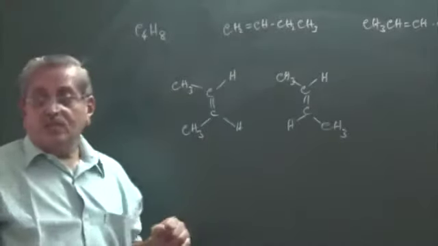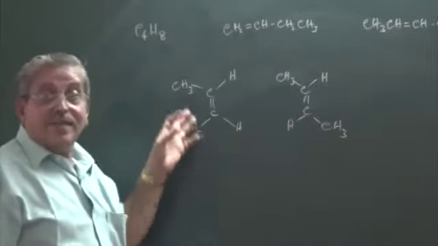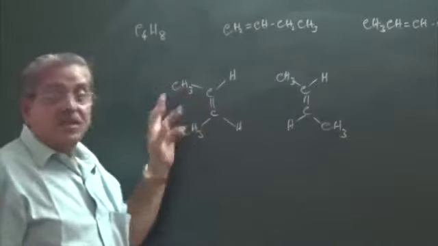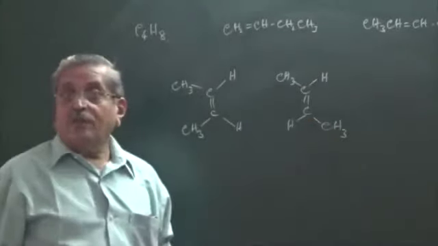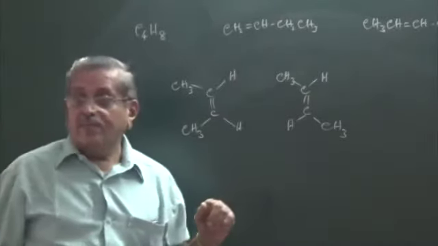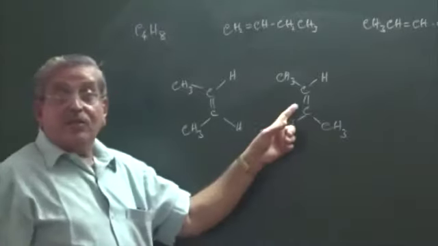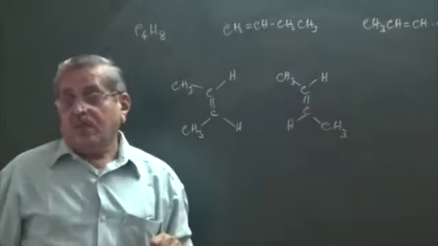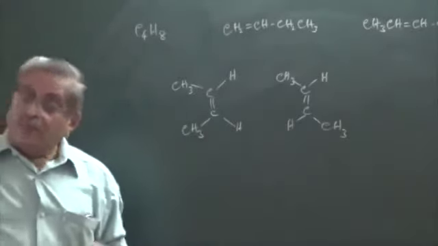So what difference do you find? In the first one, similar groups are on the same side: H and H, CH3 and CH3. In the other, similar groups are on opposite sides: H and H on opposite sides, CH3 and CH3 on opposite sides. Are they interconvertible? The answer is no. There is no free rotation about the double bond, whereas about a single bond there is free rotation, and about a triple bond there can be free rotation.